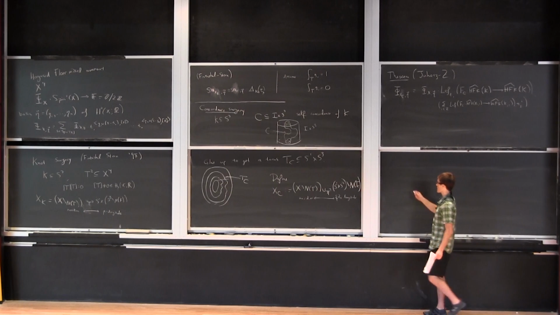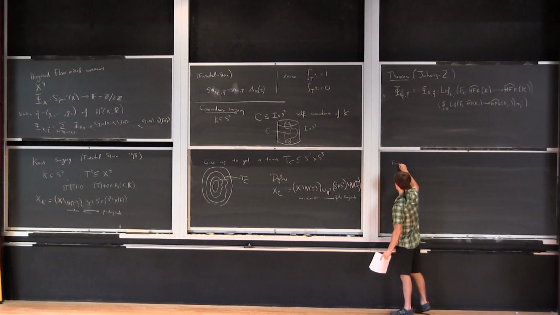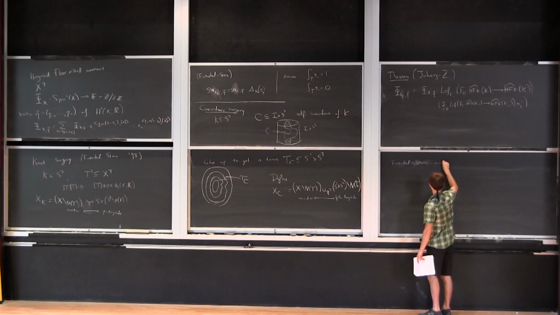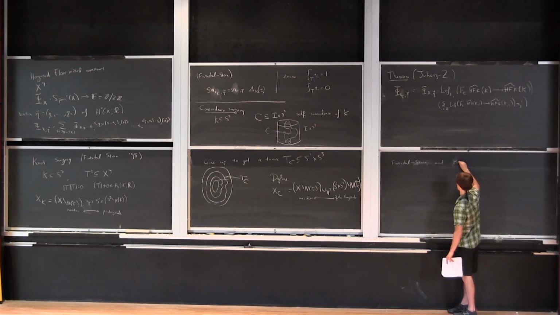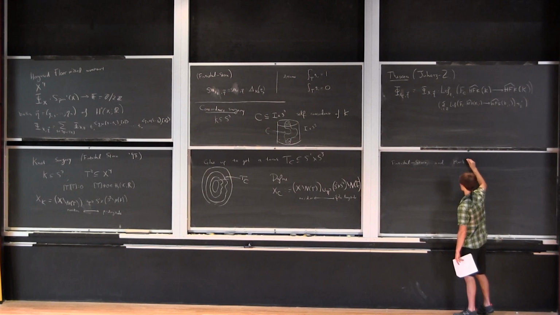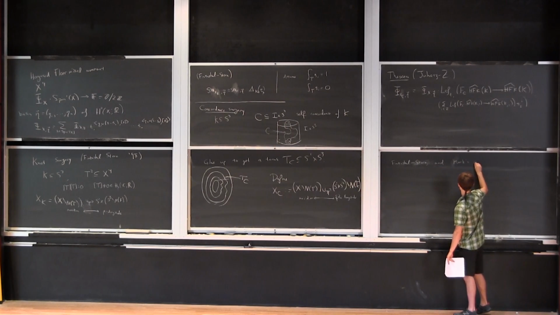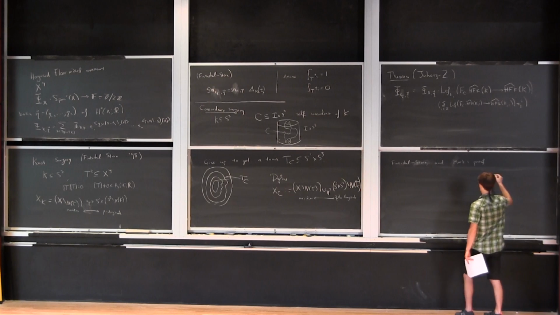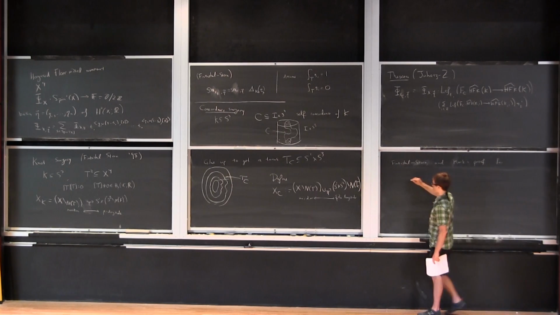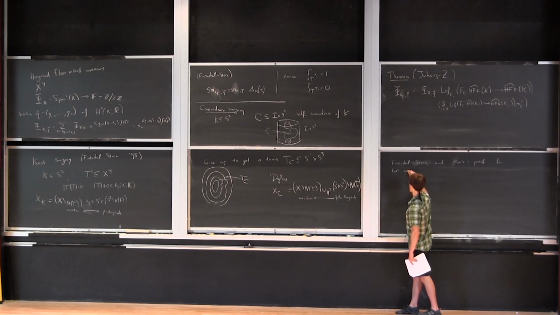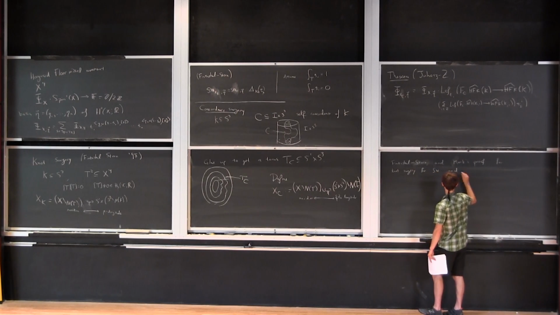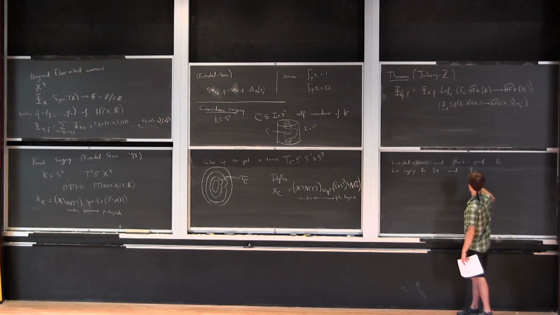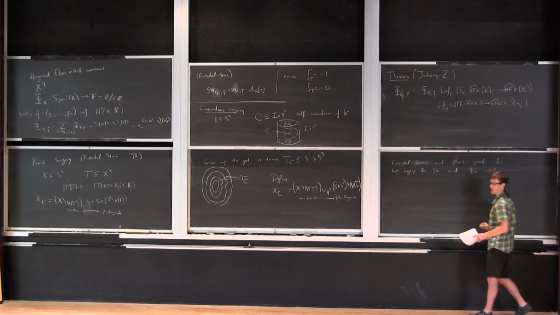Both proofs were pretty similar conceptually. Their proofs of the knot surgery formula for Seiberg-Witten and this mixed invariant, I'll call it phi X still, used the logarithmic transform.